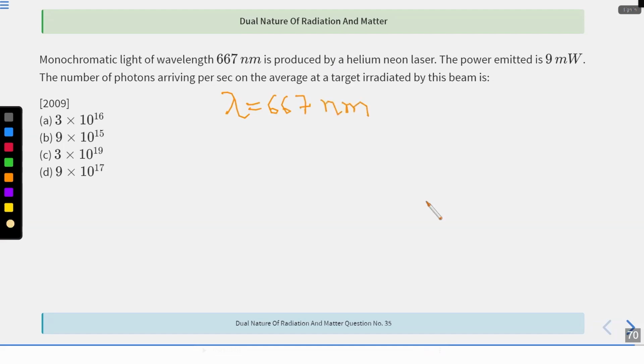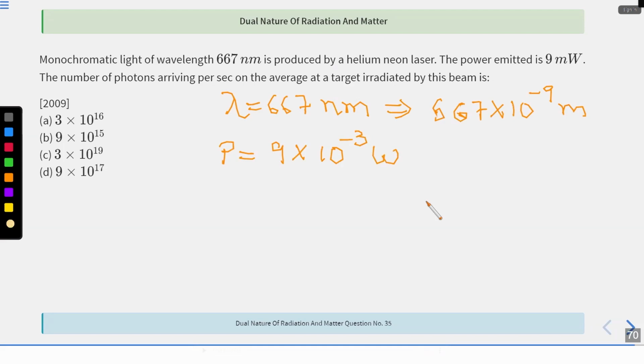And I can write this as 667 into 10 to the power minus 9 meter. So I can write my power to be 9 milliwatt, so that is nothing but 9 into 10 to the power minus 3 watt.